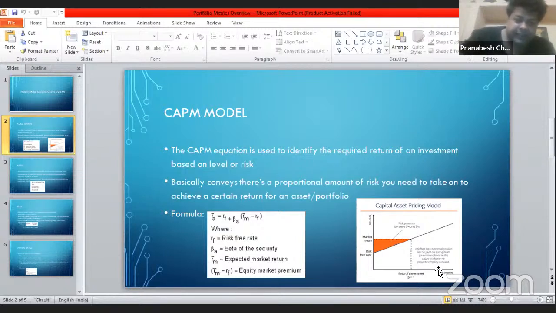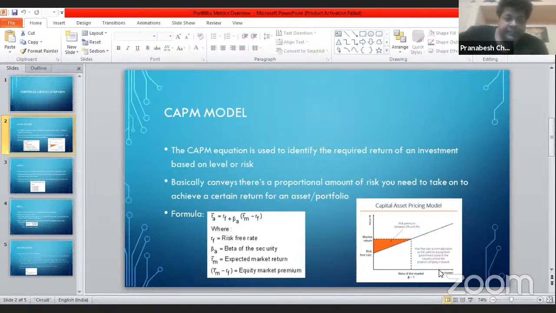So there is a risk-free rate. If you want to get more detail, you can study a bit more about the CAPM model. I'm pretty sure that most of you know.